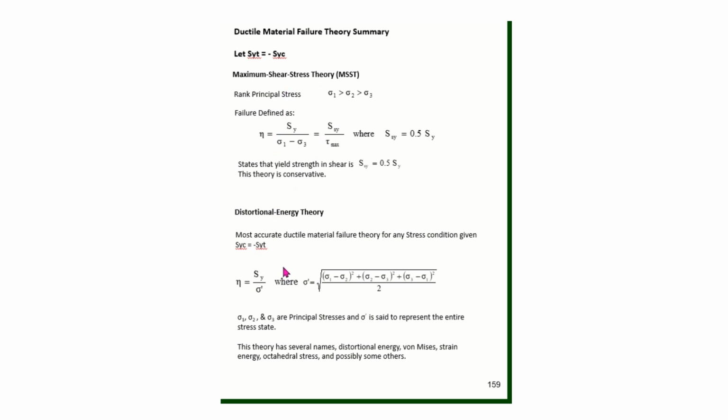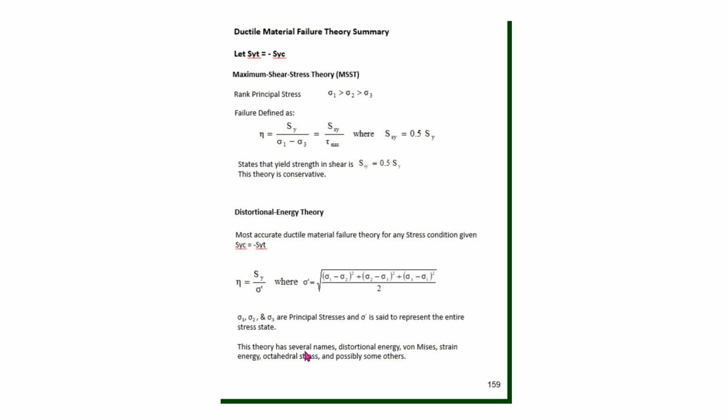We then talked about the distortional energy and how researchers found that it's the distortional energy and not the volumetric strain energy that causes failure. And so our safety factor equation for distortional energy is Sy over sigma prime, where sigma prime is given by this expression using our principal stresses.